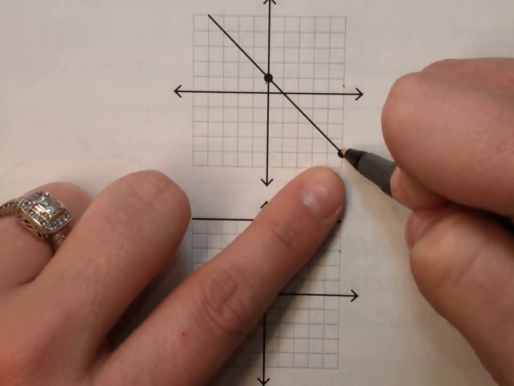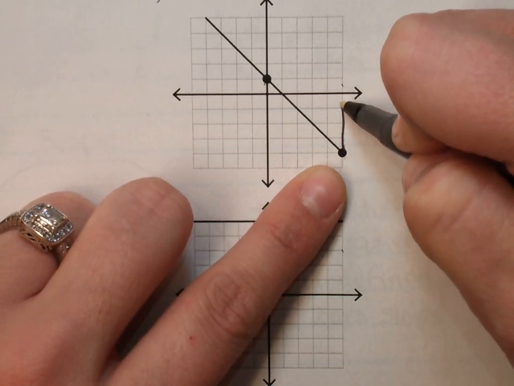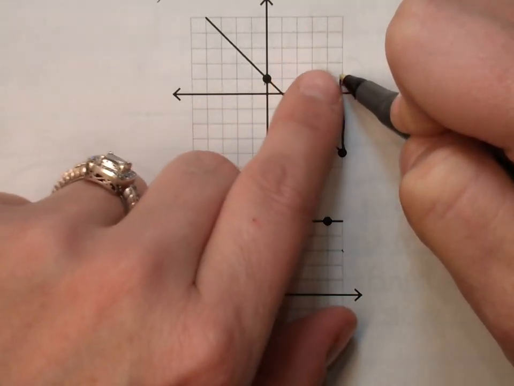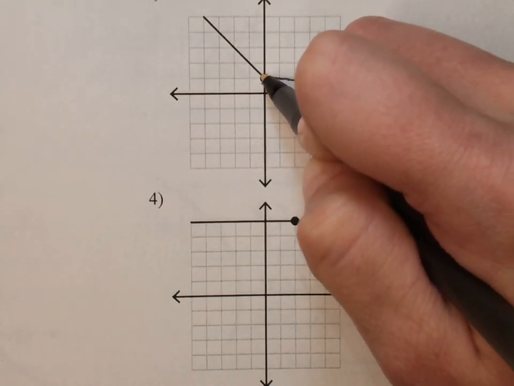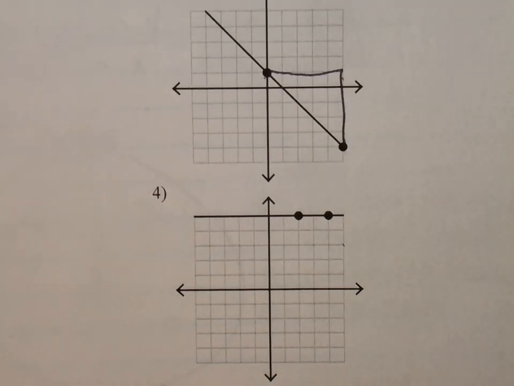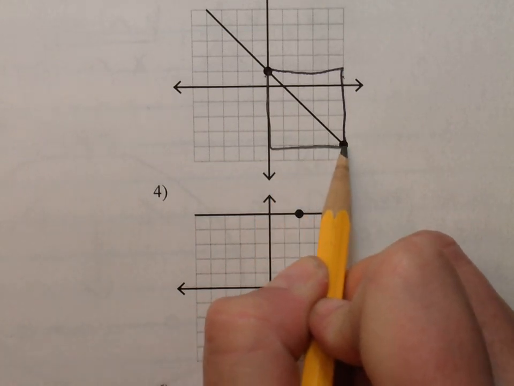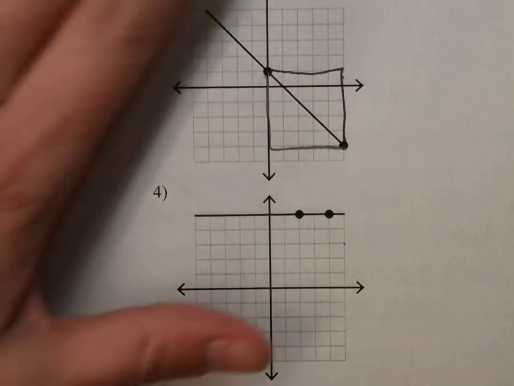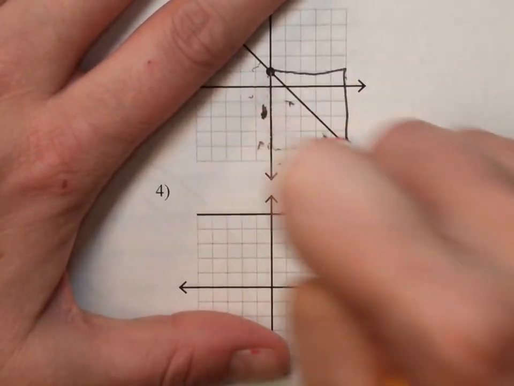When I make my right triangle, you can start at either point and you can go up till you are even with this point, and then bring it over so you have your right triangle. Okay? You can either do it on the top or the bottom. It doesn't matter. You're going to get the same answer no matter what. I'm going to take this away so it doesn't confuse you.